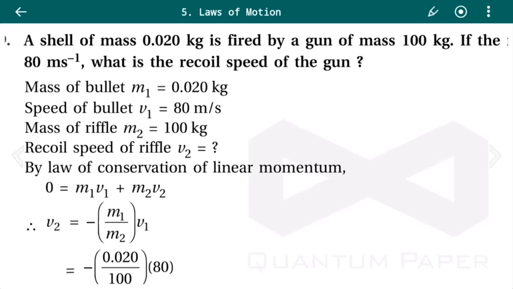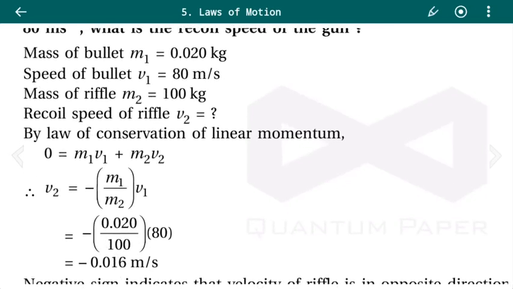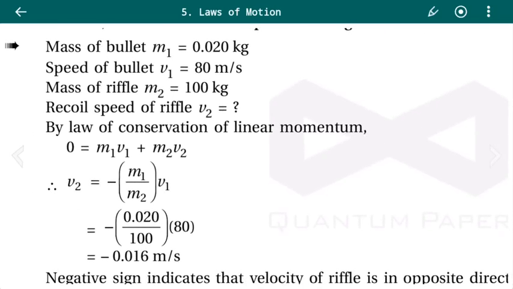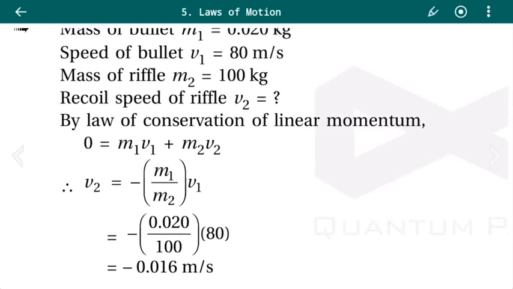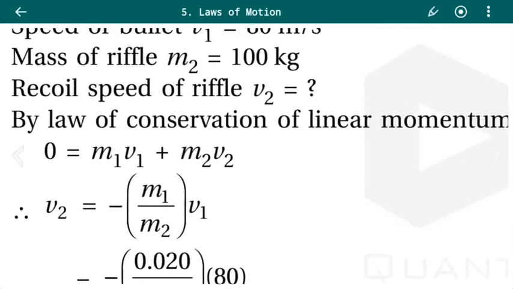Now by the law of conservation of linear momentum, the initial momentum and the final momentum are equal, that is, change in momentum will be 0.